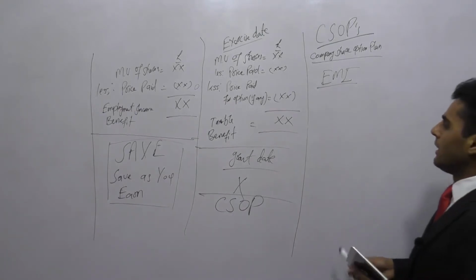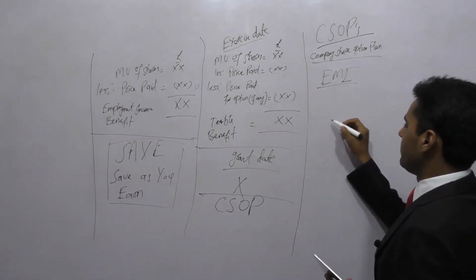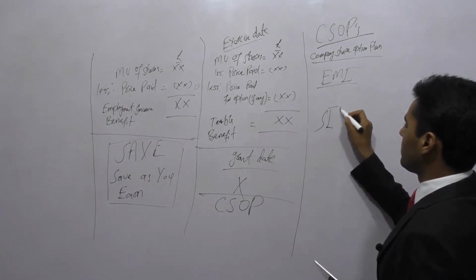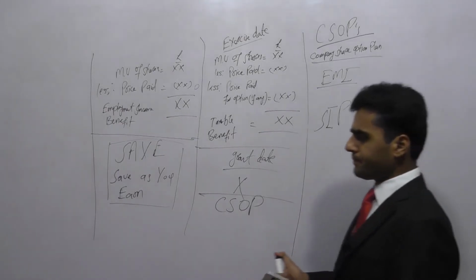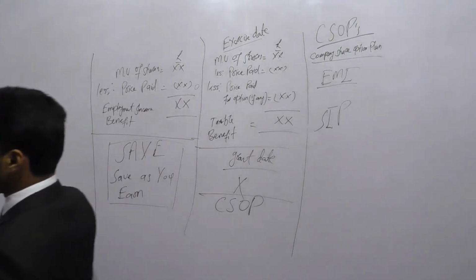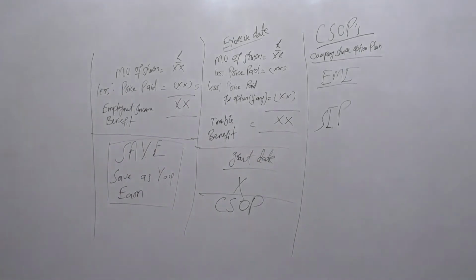All right. Next one and the last one is share incentive plans. I'll just write it as SIPs. So share incentive plans. Now these are also based on incentive, because it says incentive plans.